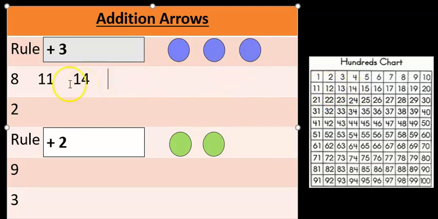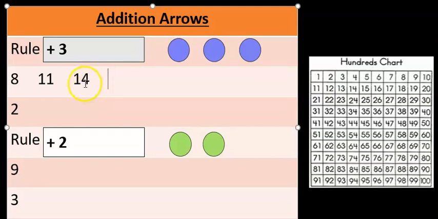Now, here we go now. We are finished with 8 and 11. We're going to come now here to 14. Now, first graders, what is the rule up there? What does it say to do? Plus 3. So we got to add 14 plus 3 to get our next answer here. That's the line here that is blinking.